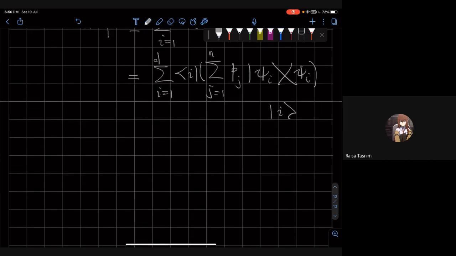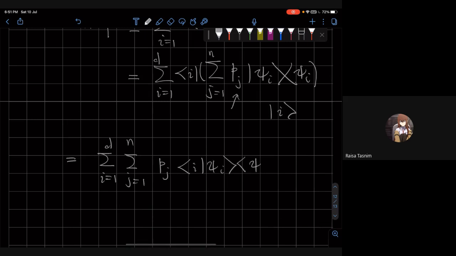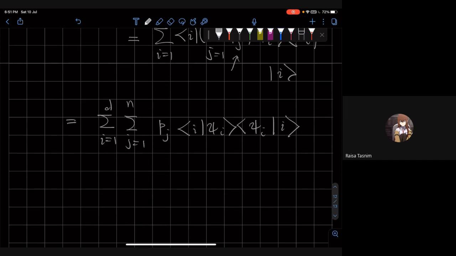Okay, so now what I'm going to do is that this is just a number, so I can bring it out. So there's a sum over i goes from 1 to D, and there's a sum over j goes from 1 to N, and P of j, and then <i| is going to hit |psi_j>, and then <psi_j| bra will hit ket |i>. Okay. Now what is this?